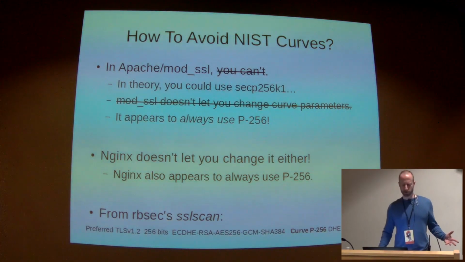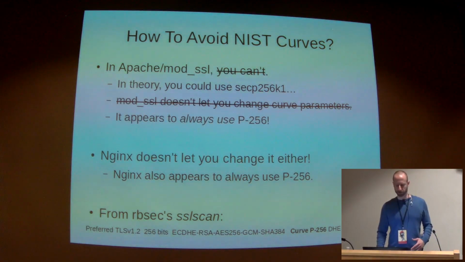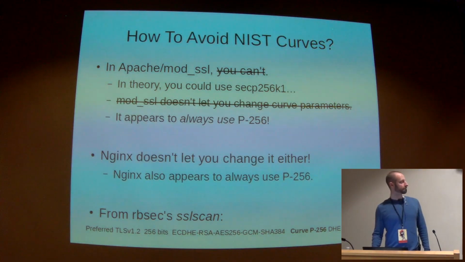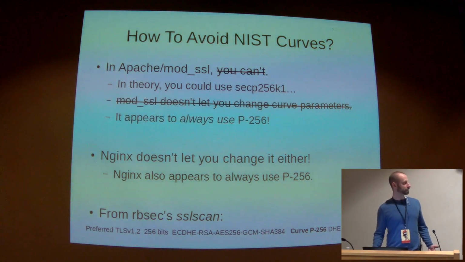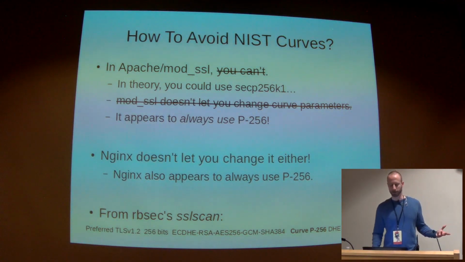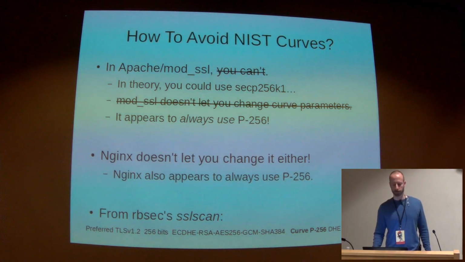I was going to say that in Apache and mod_ssl, you just can't, and it's fixed, but it turns out I was wrong. You can, in theory, still use any of the other curves, because if you recall what I said before, the SEC2 curves were incorporated into TLS. So there's more than just the P curves.